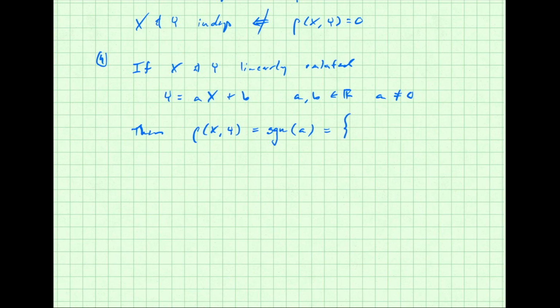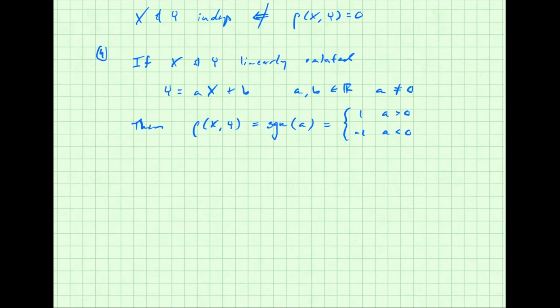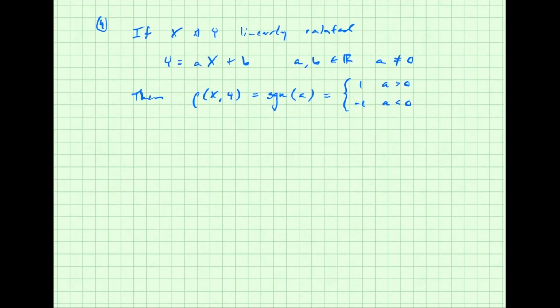That is to say, it's equal to 1 if a is positive and minus 1 if a is negative. And this one, we're not going to prove it, but it's in your examples sheet. So you're asked to prove it. So that's question 4 of problems this week.